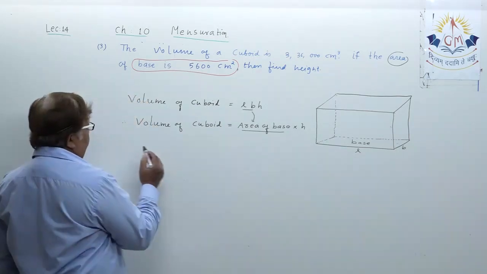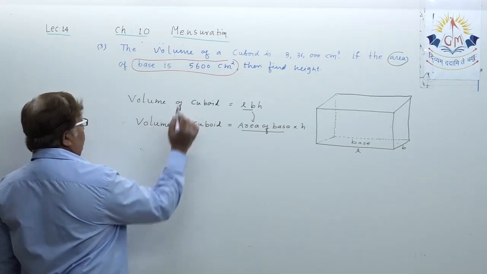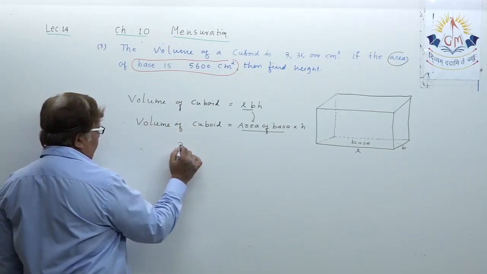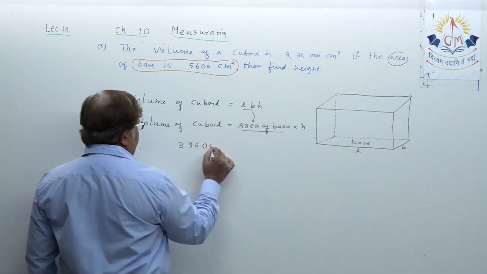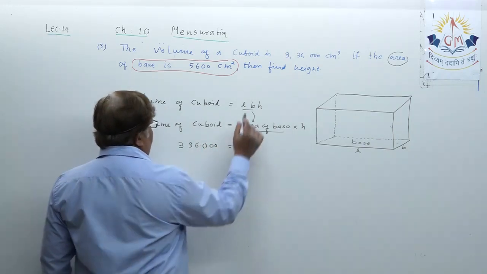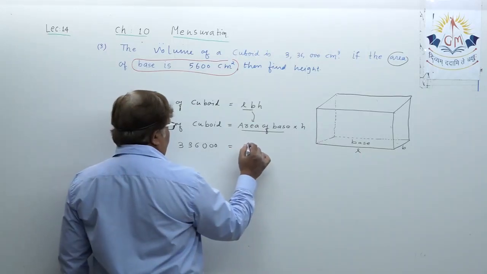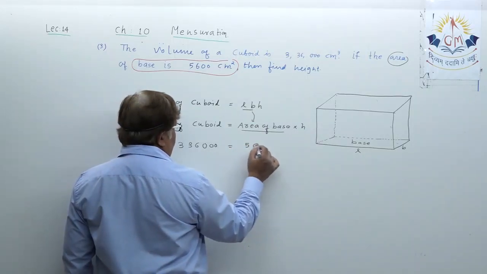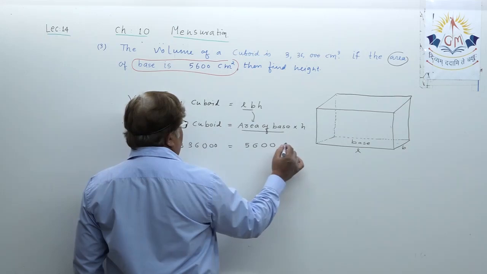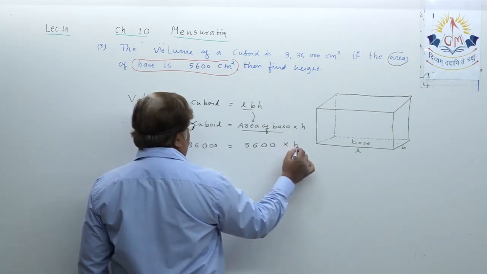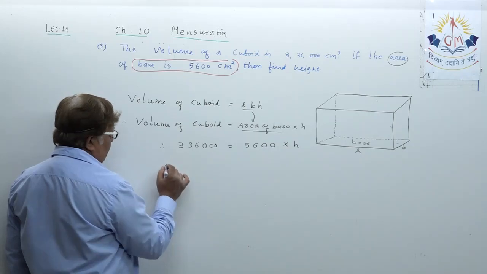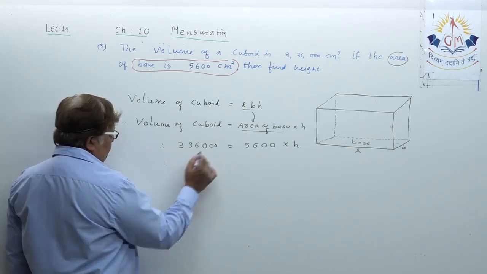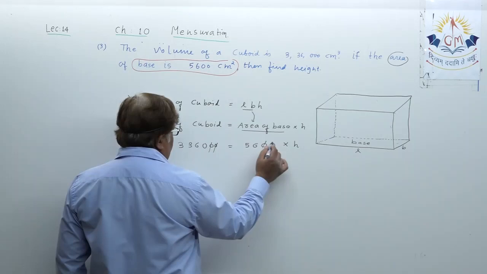Okay, let us substitute the value here: 336,000. Area of base has been given into height. Just two zeros are already cancelled.